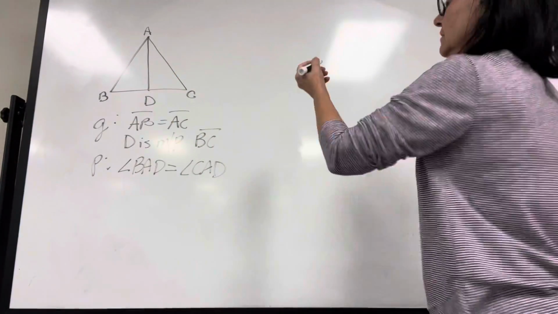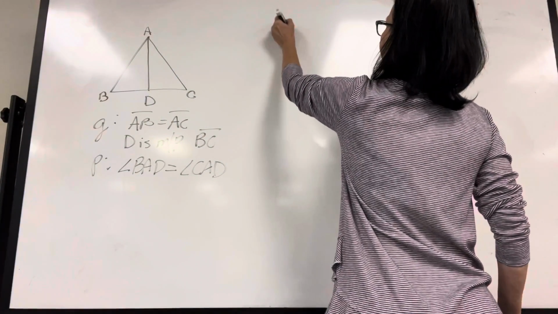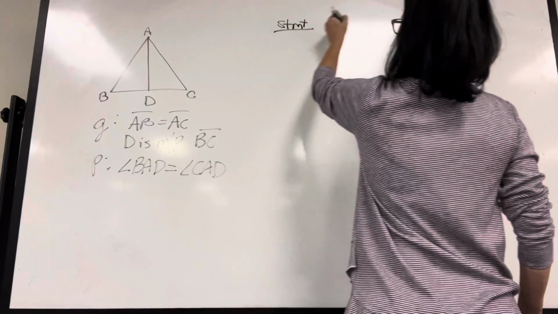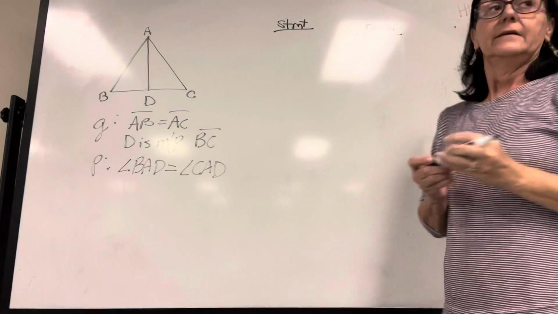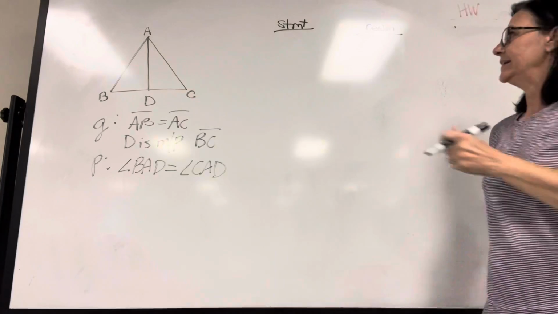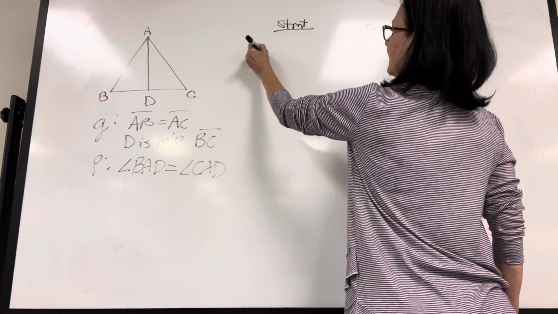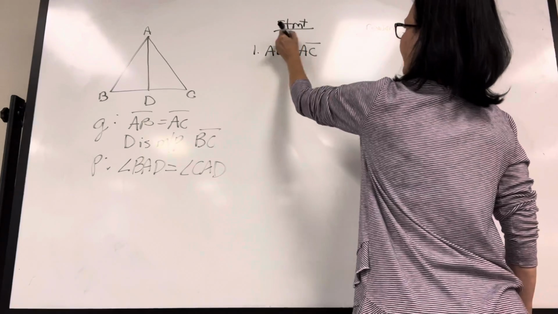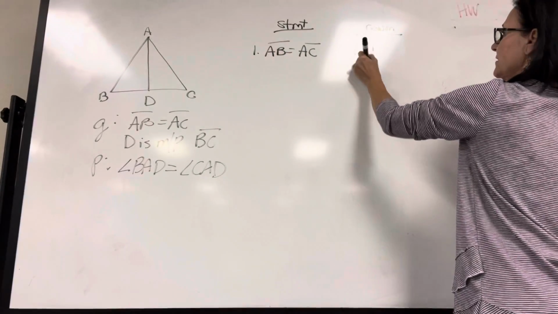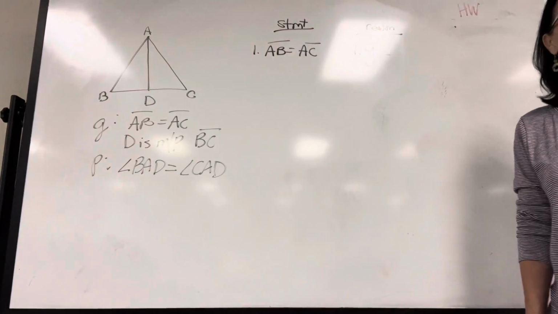All right, so what is going to be my first statement and my first reason? AB equals AC. And the reason? Given. What else?